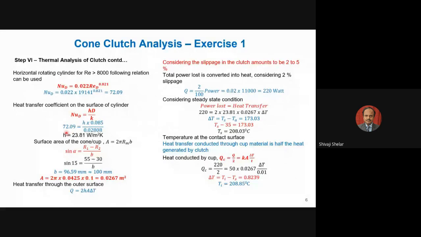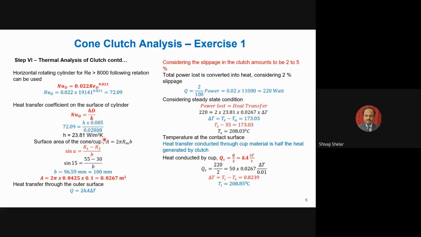So NuD is 72.09, h is unknown, mean diameter D is 0.085, and k for air from the property table is 0.02808. Once you do this calculation, you get the heat transfer coefficient h equal to 23.81 watt per meter square per Kelvin.